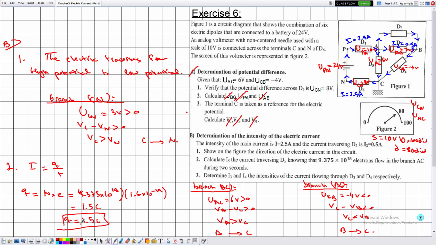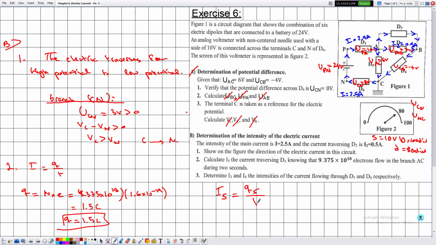Now after we have determined Q, we can determine the value of I. So I5 is equal to the charge moving in branch 5 over t, and t is 2 seconds. So 1.5 divided by 2 is equal to 0.75 amperes.